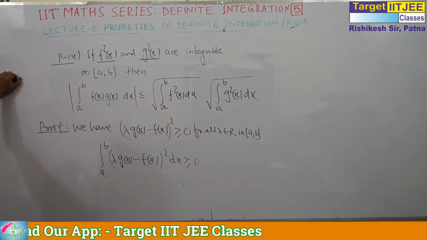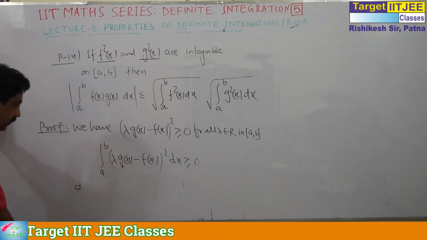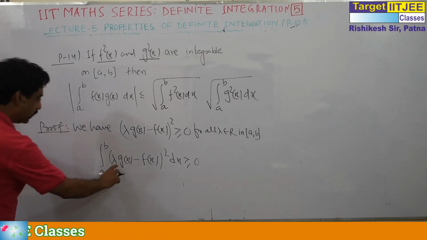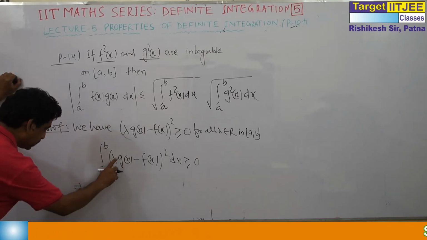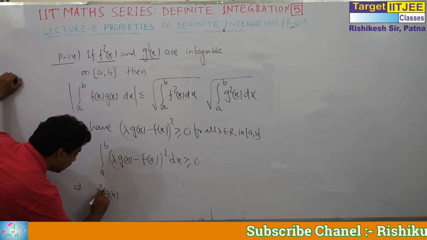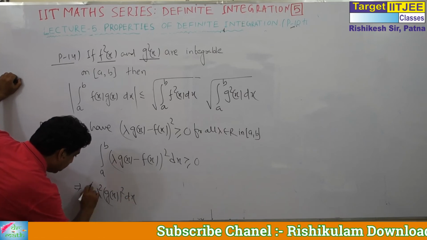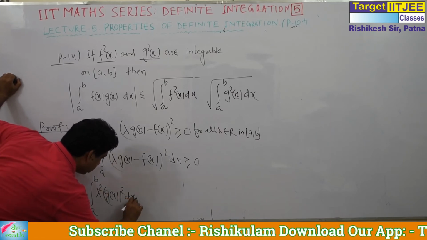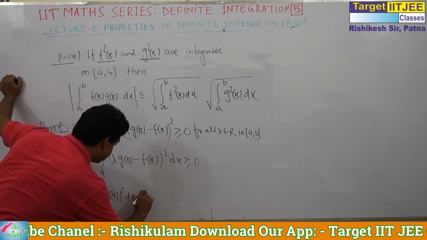On squaring, what do we get? This is the integral from a to b of lambda square gx square dx, minus, this is what?